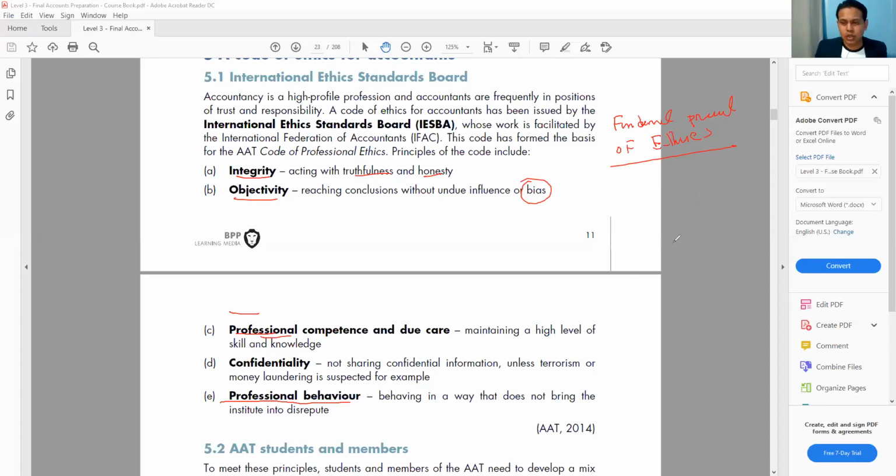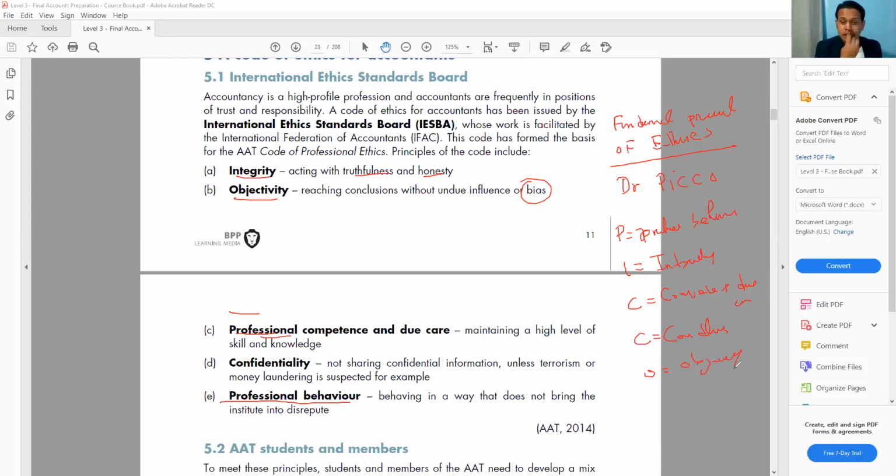The next thing here, for remembering the fundamental principles of ethics, we always use one word that is called Dr. Pico, P-I-C-C-O. Dr. Pico will help us remember the ethical fundamental principles. P is for professional behavior, I for integrity, C for competence and due care, C for confidentiality, and O for objectivity.